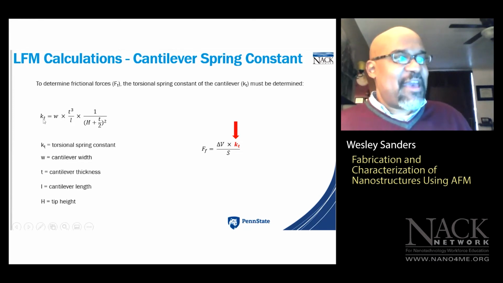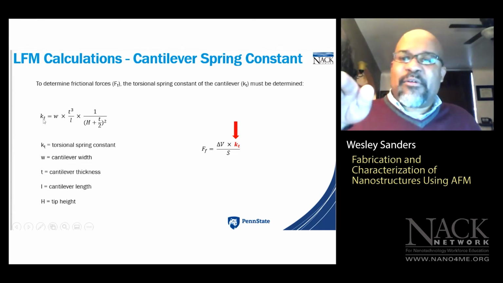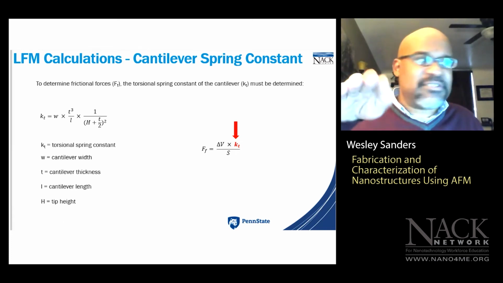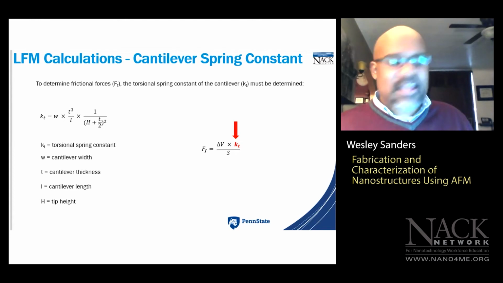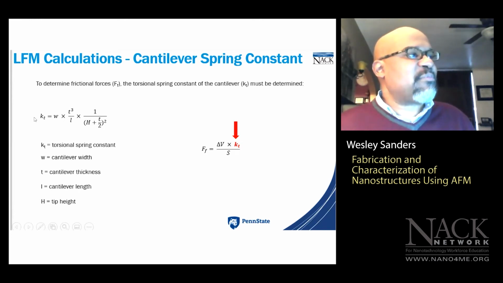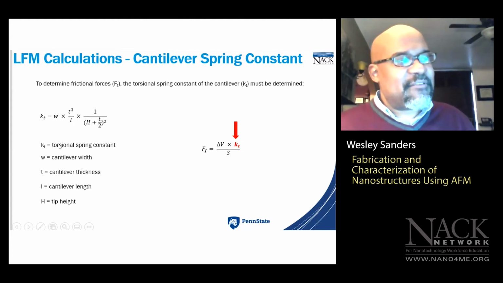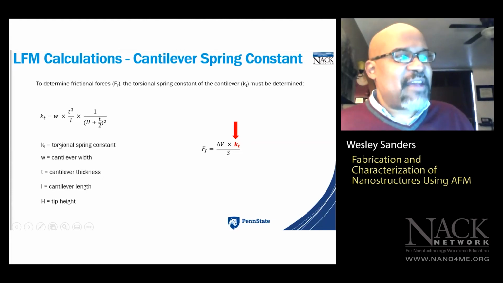The KT value is important because we're relying on the twisting motion of the cantilever in order to record our frictional forces. So as you can see, just like in the case of our vertical spring constant, the torsional spring constant also takes into consideration the physical dimensions of the probe that you're using. And the physical dimension data is not hard to find. You can easily find it on the probe manufacturer's website.